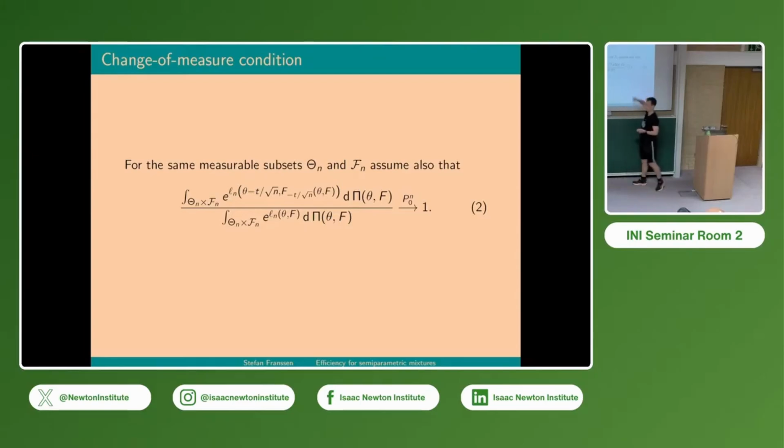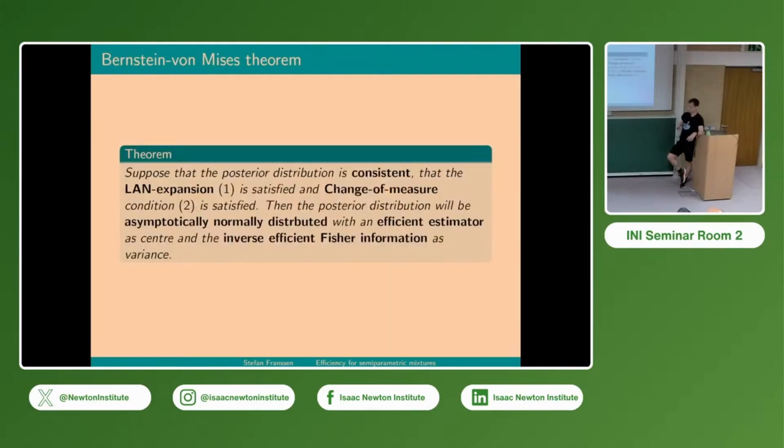And this ratio has to converge to 1. And this is the hard part, typically. But if these assumptions are true, we get the Bernstein-von Mises theorem that states that the posterior distribution will be the efficient estimator.